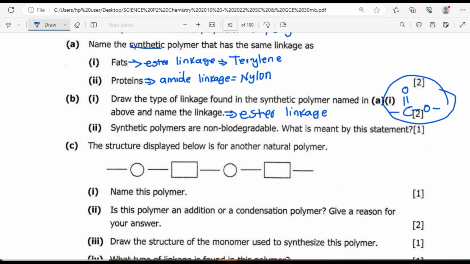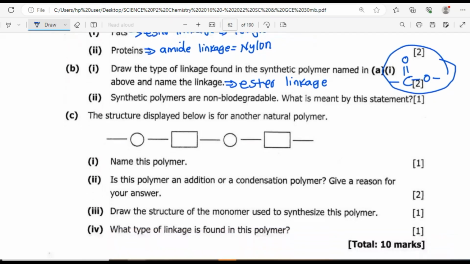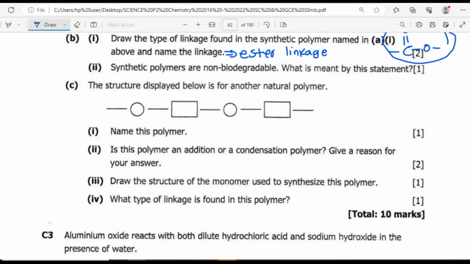The structure displayed below is for another natural polymer. Okay, name this polymer. So whenever you see a linkage in between the boxes, this is a carbohydrate, or maybe you can use starch. Is this polymer an addition or condensation polymer? Give a reason. So this is a condensation polymer.